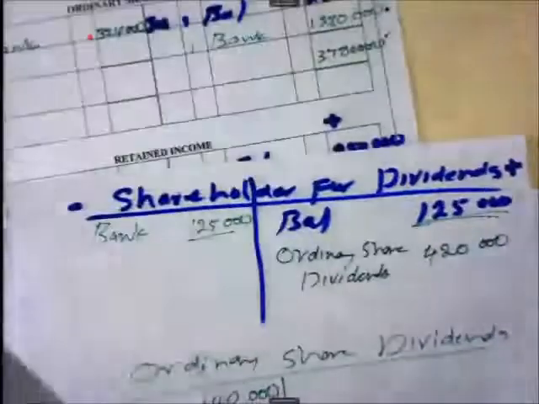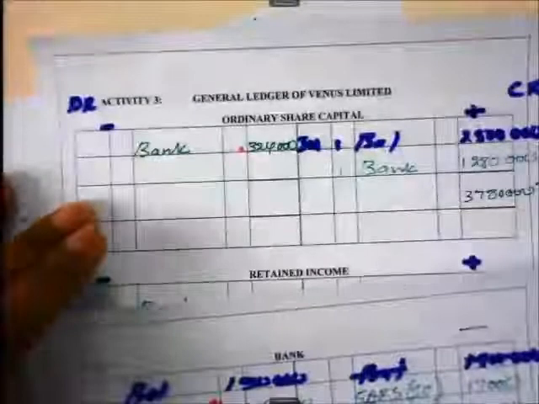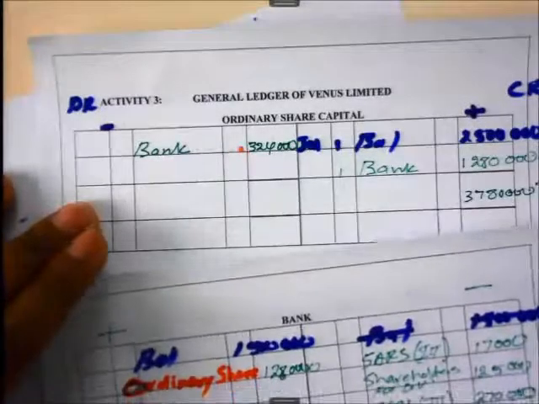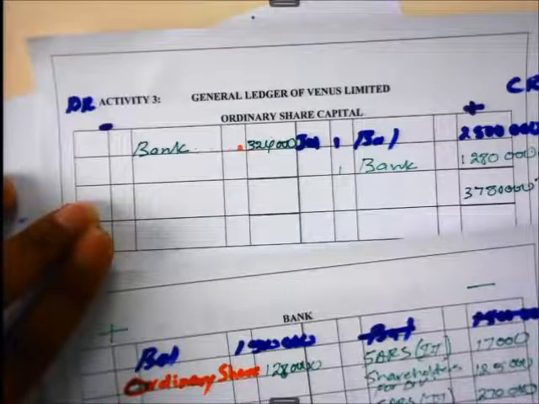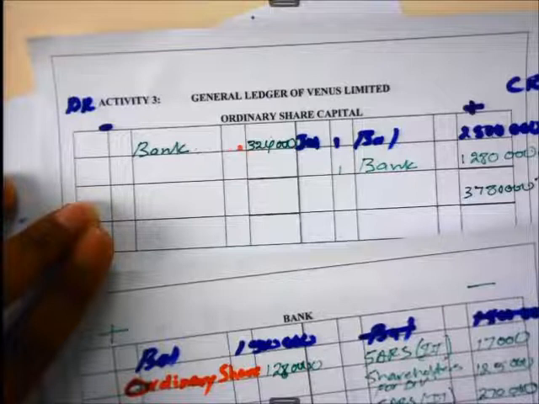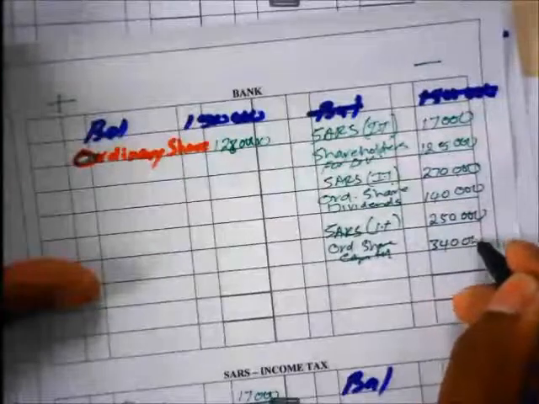Right. I think here we forgot to make two entries. We have debited ordinary share capital with bank. Therefore, we must credit bank with ordinary share capital, 340,000.